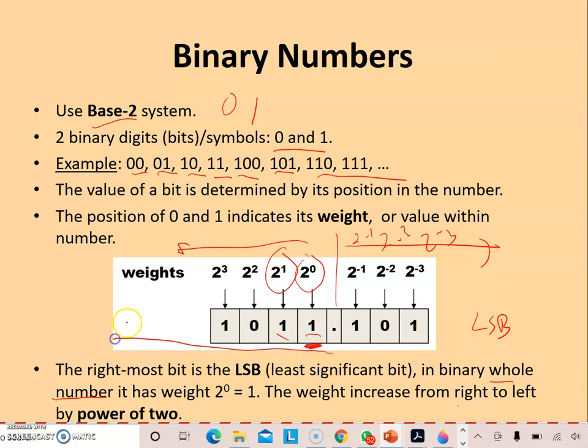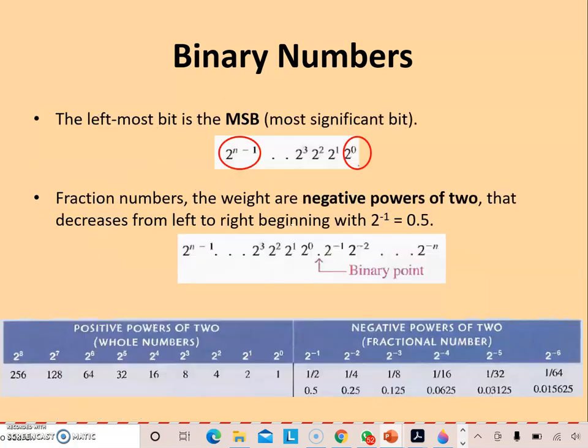Here you can see that the weight is increased by a power of 2. In binary numbers, the leftmost bit is the most significant bit, MSB. You can see it starts from 2 to the power of 0 and is increasing, 2 to the power of 4, 2 to the power of 5 and so on.